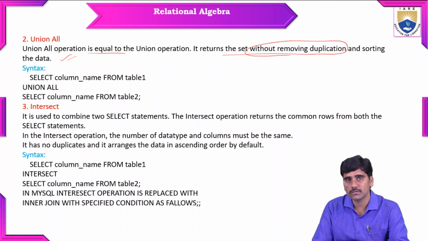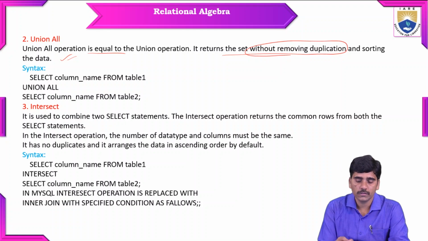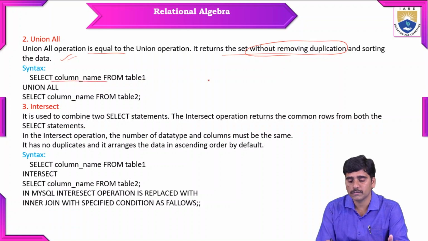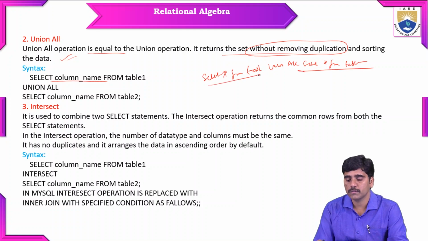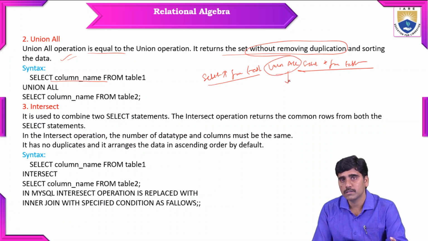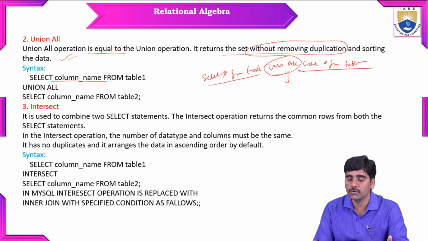The syntax is: select star from table 1 union all select star from table 2. This is query 1 and this is query 2, performed based on the set operator union all. It displays all the attribute values, including duplicates.